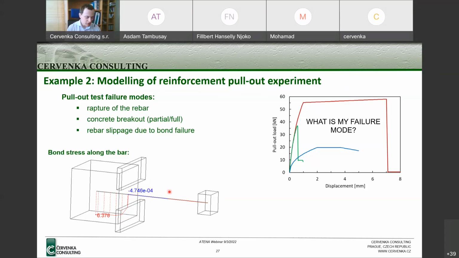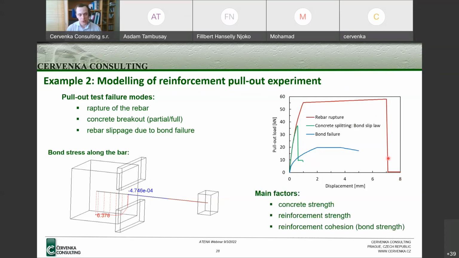After simulating this, I will probably check my LD diagram, and my next question might be, what's my failure mode? Looking at this one, probably we all know what is happening, because we can see some characteristic shapes of the relationship between the pullout force and the displacement.